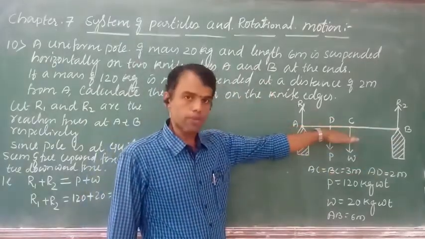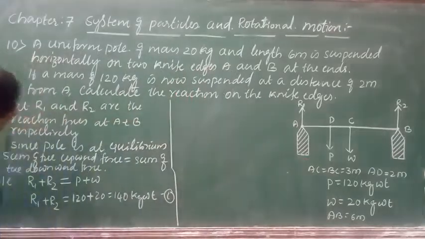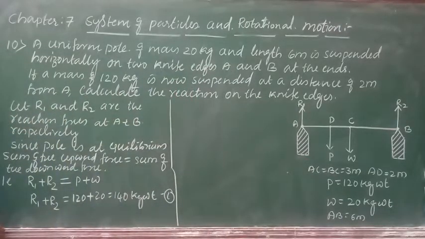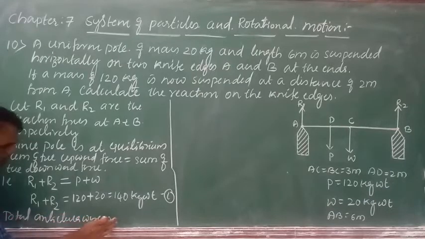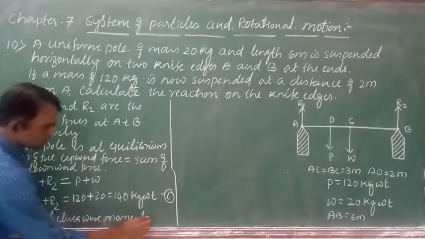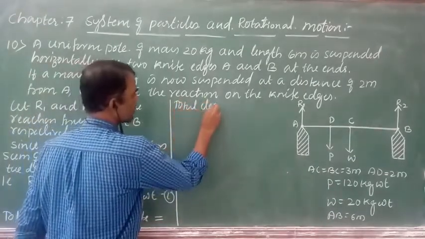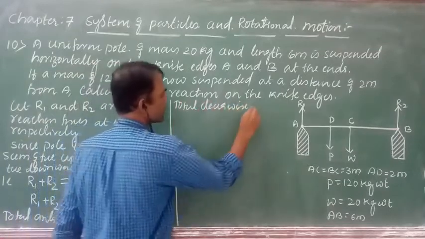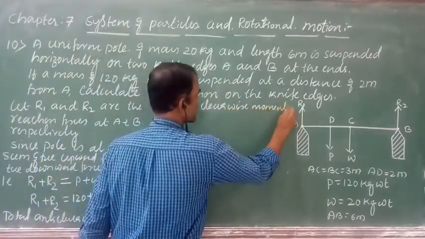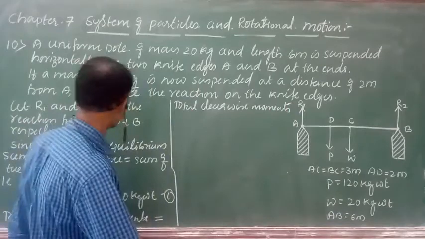According to equilibrium condition, we know that sum of the anti-clockwise moments will be equal to sum of the clockwise moments. So we write: total anti-clockwise moments should be equal to total clockwise moments.